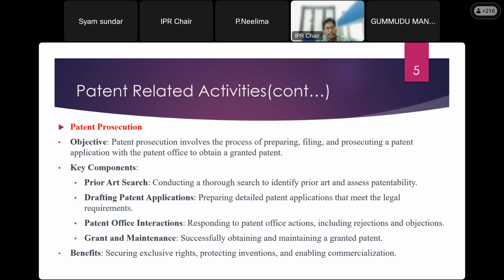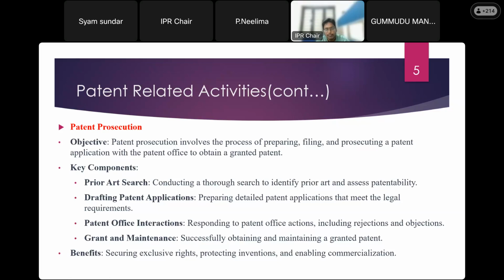So the objective is, patent prosecution involves the process of preparing, filing, and prosecuting a patent application with the patent office to obtain a granted patent. Our office is a center for intellectual property rights. Here, we file a patent, that means we give it to a third party.